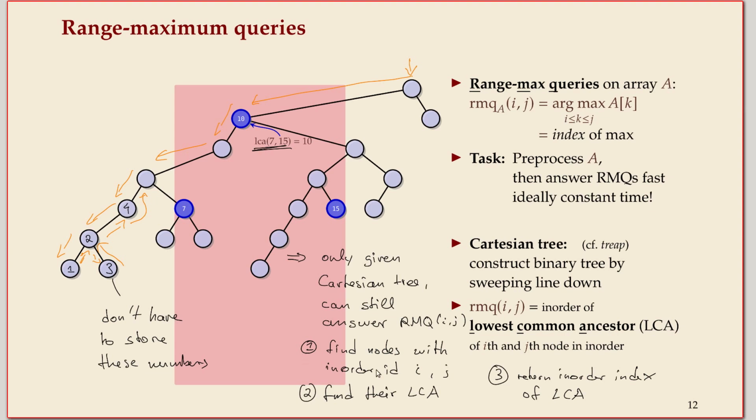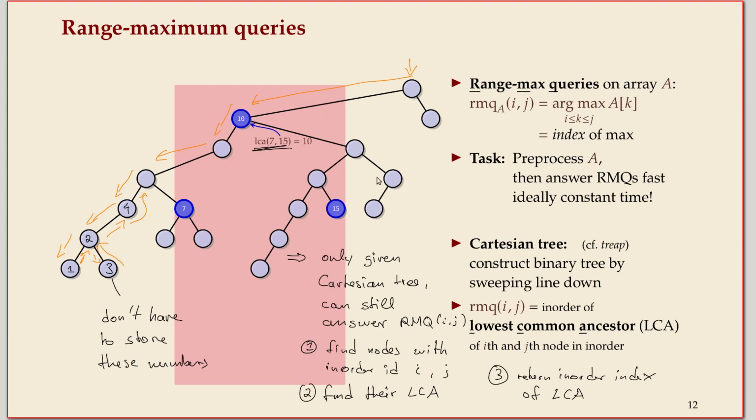It's conceivable to find the in-order indices and nodes, so the mapping between in-order numbers and nodes, that can be done with an array or with a dictionary fairly fast, but finding the lowest common ancestor in a binary tree is not per se easier than the range minimum query problem. So all I'm saying here is, in terms of the information we need about the array to answer range minimum queries, everything is encoded in the Cartesian tree.